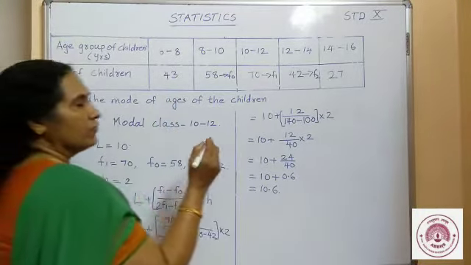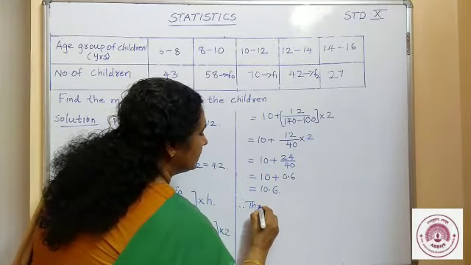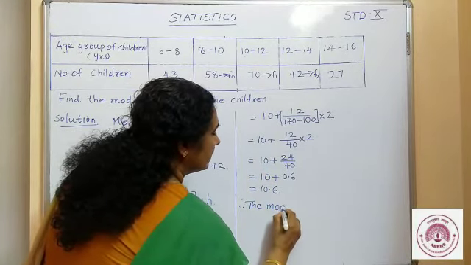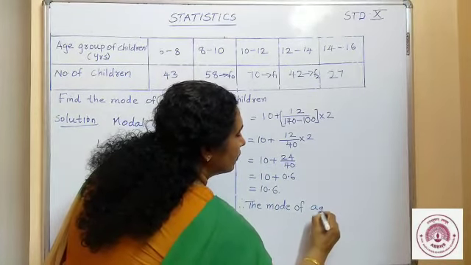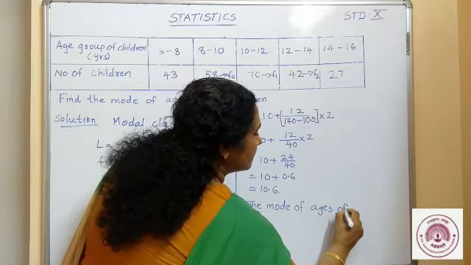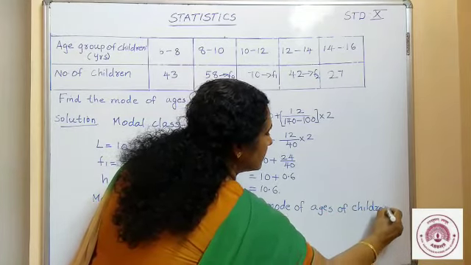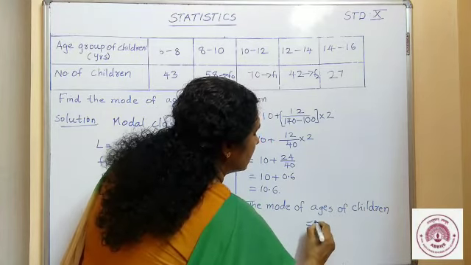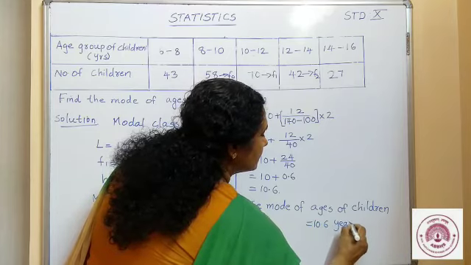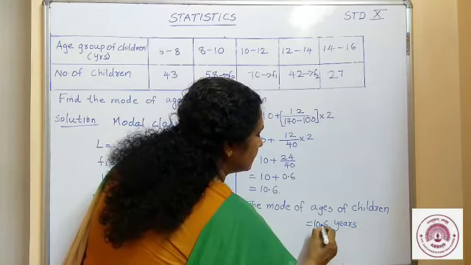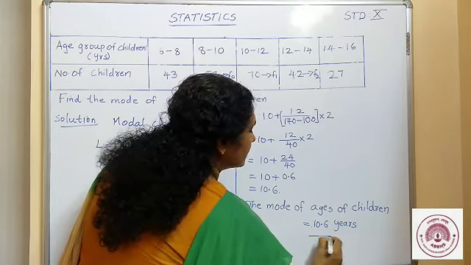Therefore, the mode of ages of the children is equal to 10.6 years. This is the answer.